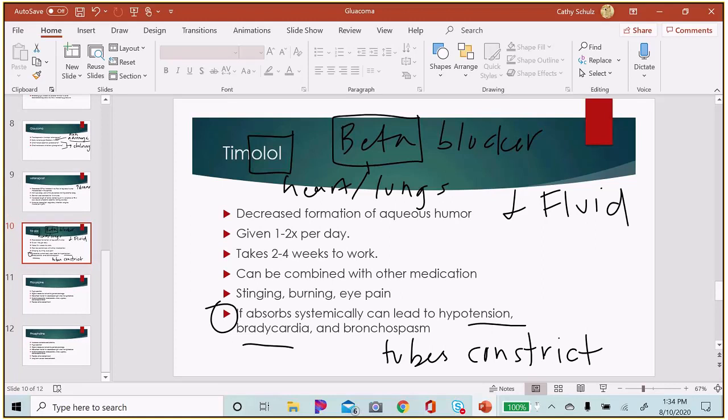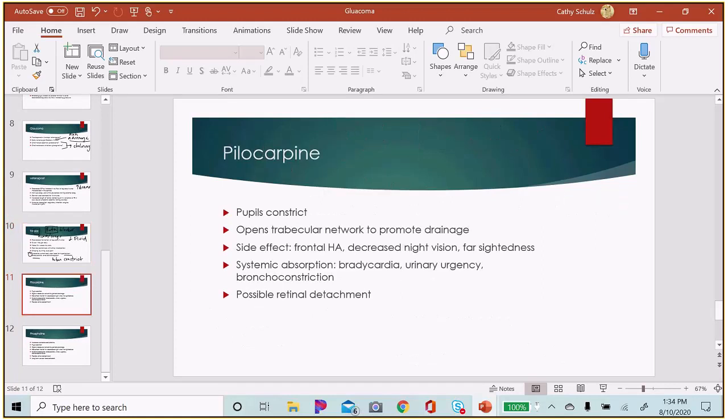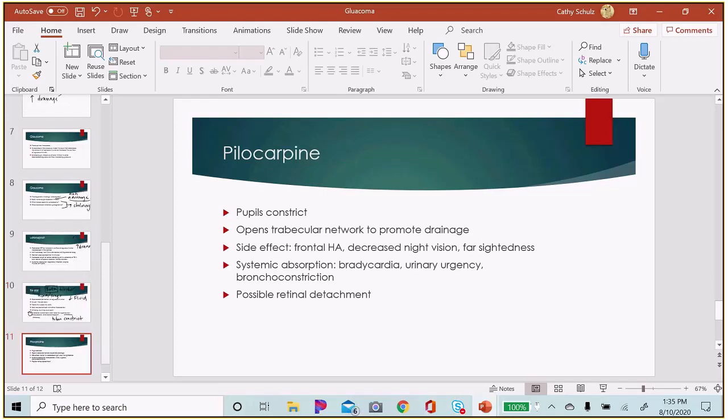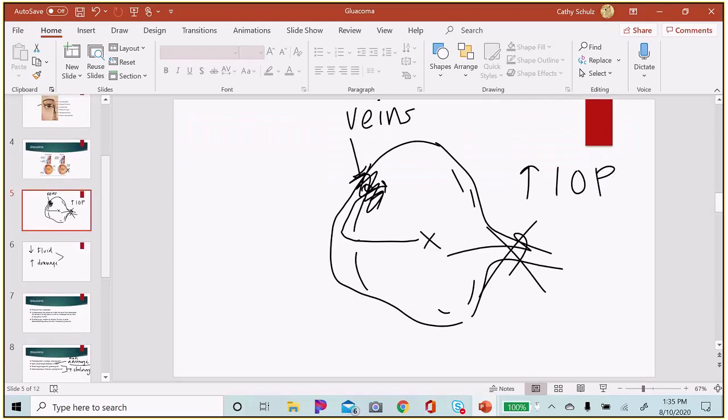those systemic effects. The next medication is pilocarpine, which causes the pupils to constrict, and that opens up the network near that little canal in this picture to promote drainage.